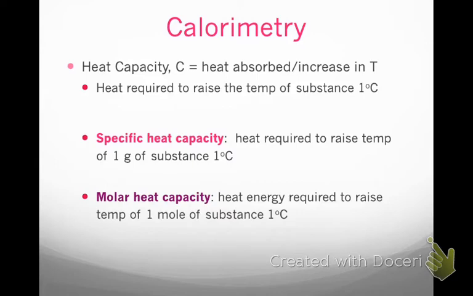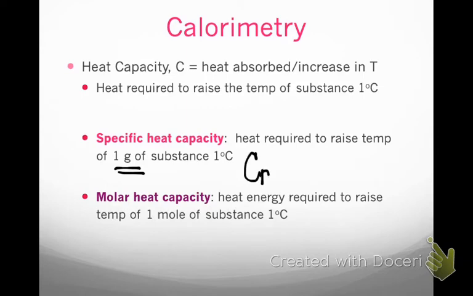Now there's a variation of heat capacity that's more useful for calculations, and it's called the specific heat. You'll see the specific heat definition on the slide. It's the same as heat capacity, except we've now included mass. So it's the heat required to raise the temperature of 1 gram of substance 1 degree C. If we needed to calculate the specific heat, we would use this equation.